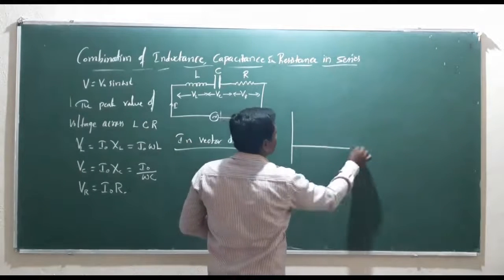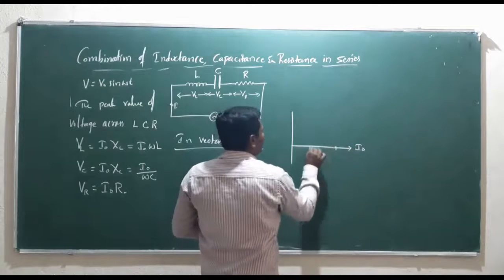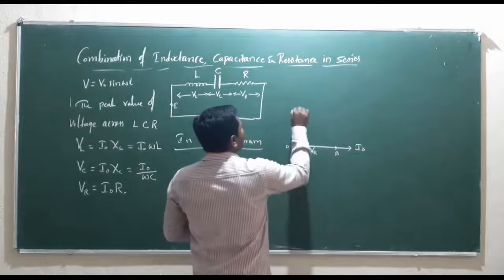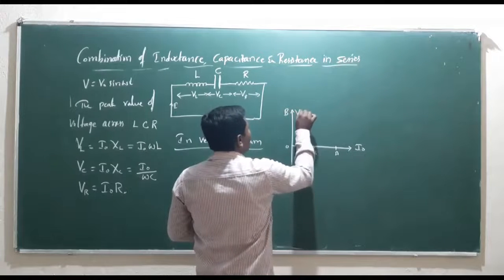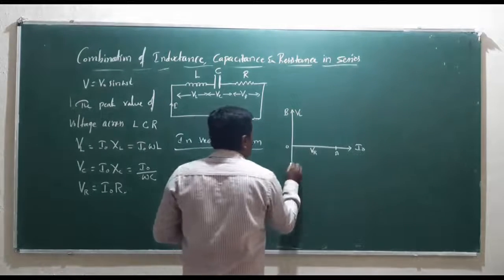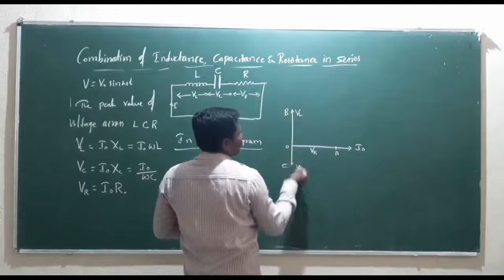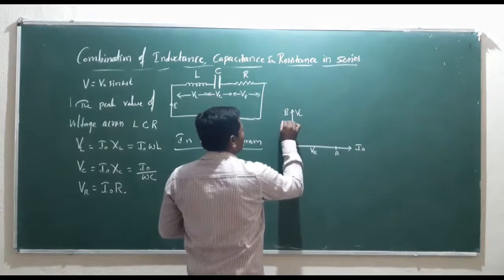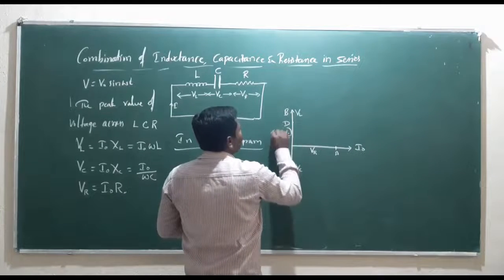this one represents the I naught, VR along the x axis and VL along the y axis and VC along the negative y axis, and here it is OD, its value is VL minus VC.